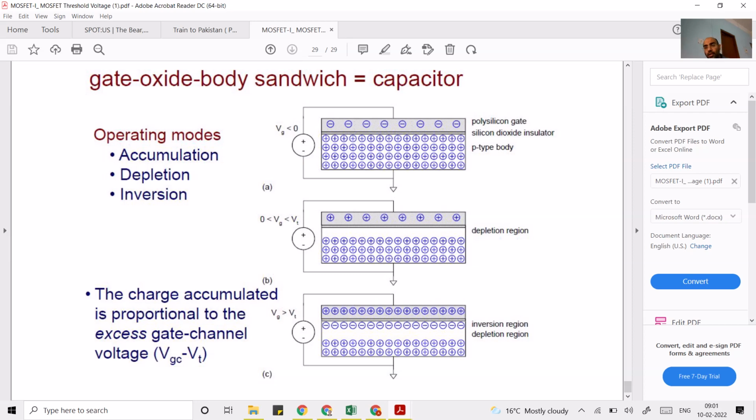You require to derive it only when you are forming the device for the very first time, at the fabrication level, or when you are researching in the field. But once you have a device, the threshold voltage is fixed, and you just use it in the drain current equations. So if you don't understand that part, nothing to worry about that much.